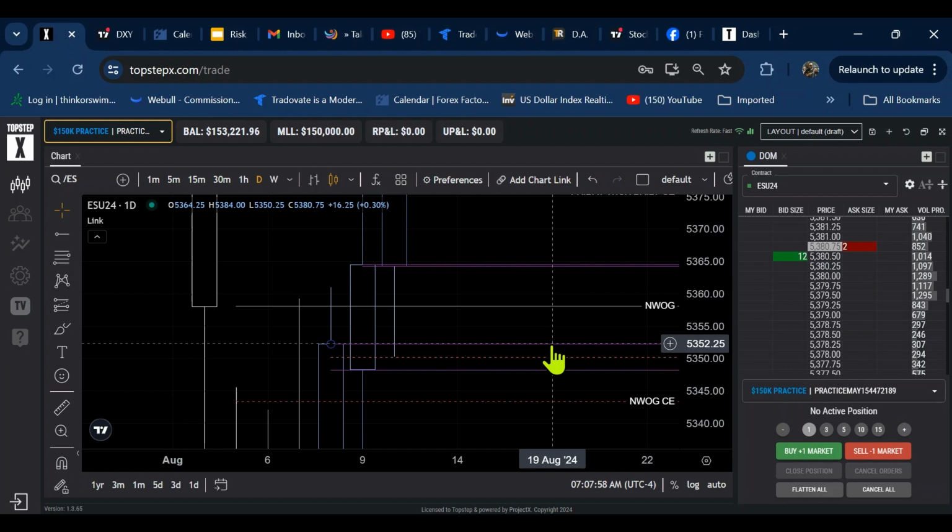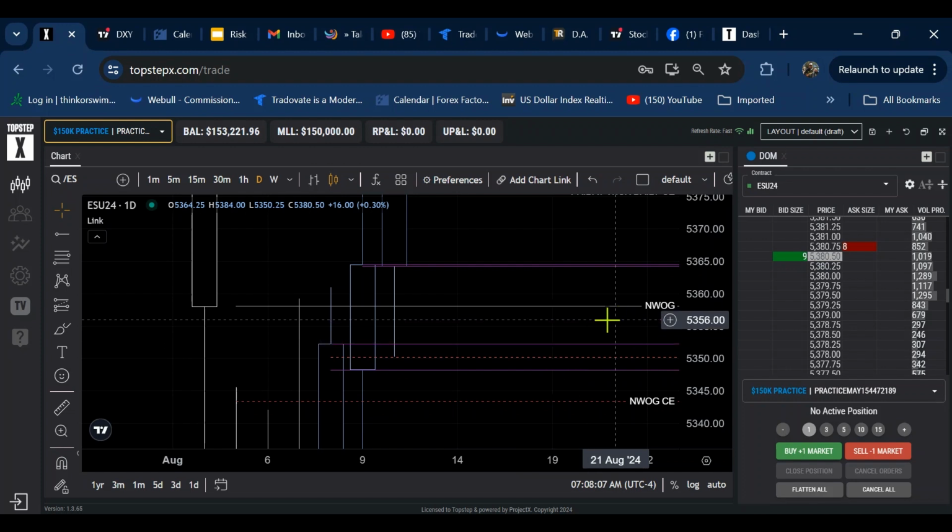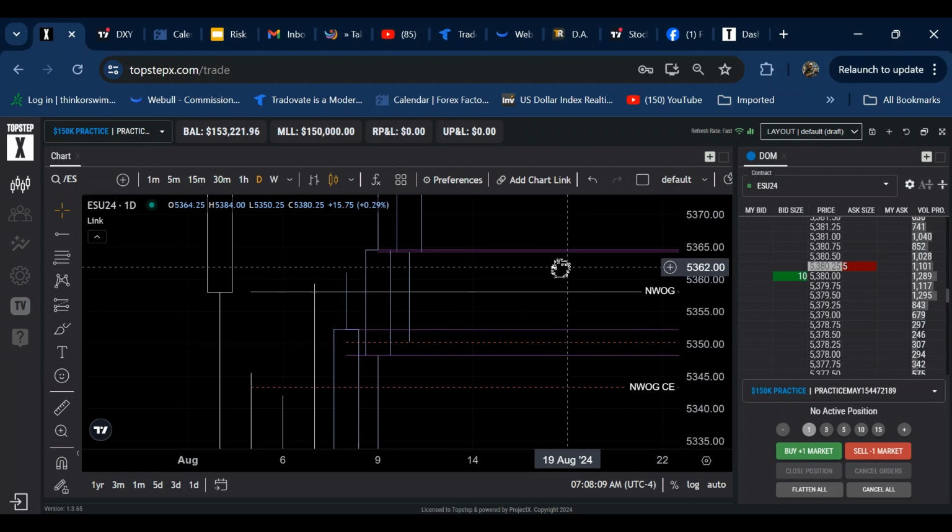But he said one of the very important things to do is mark out opening and closing gaps on a chart. And so I just wanted to go over a little bit how to do that.